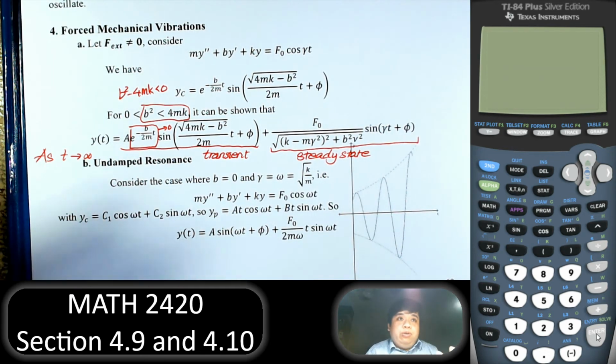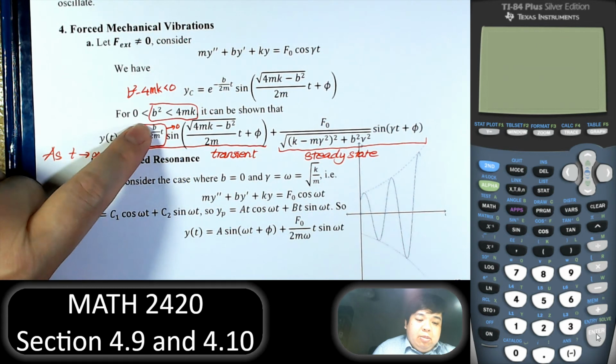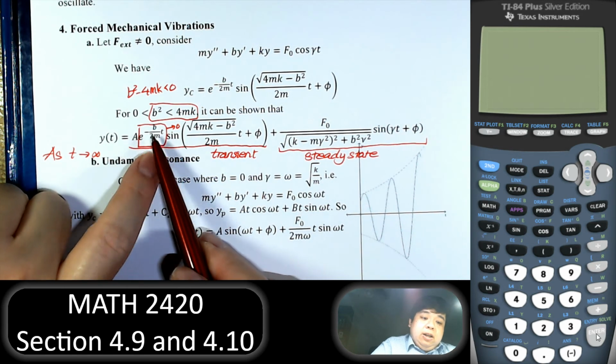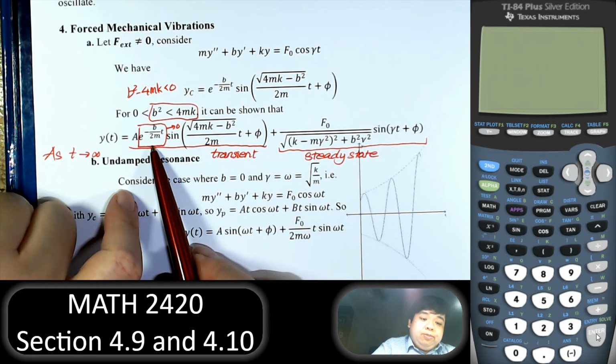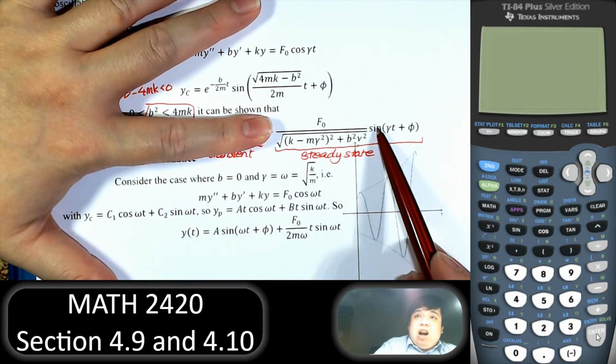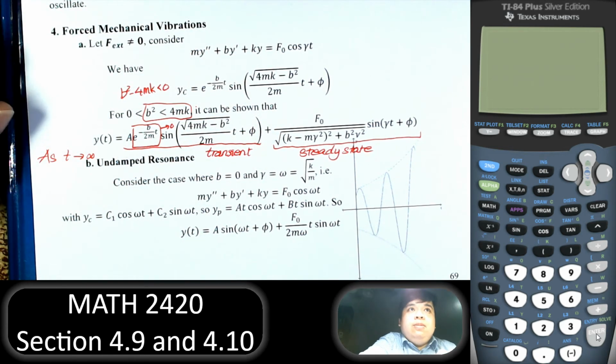So when t goes to infinity, because of that negative b over 2m negative exponent, that function goes to 0, and this will be just a sine, so it still goes up and down.